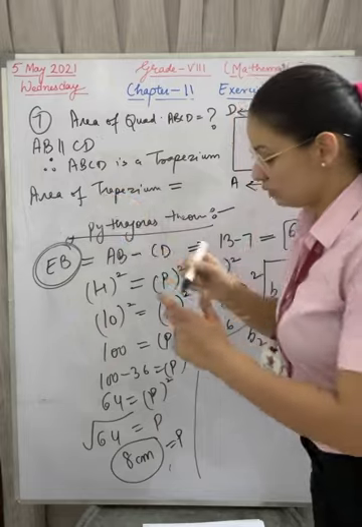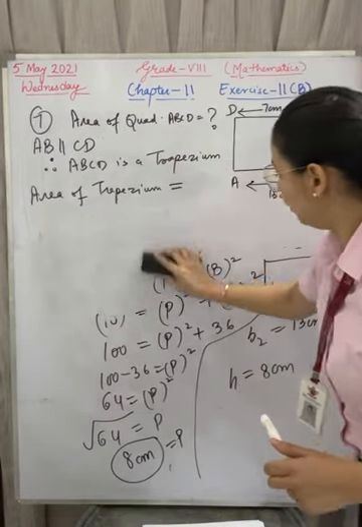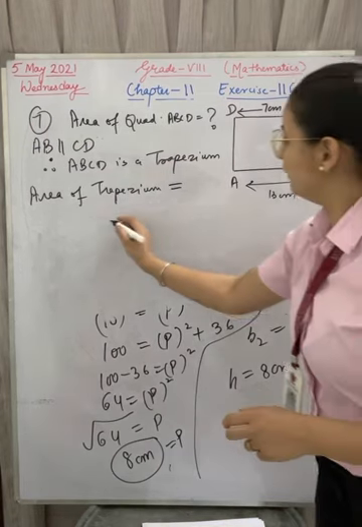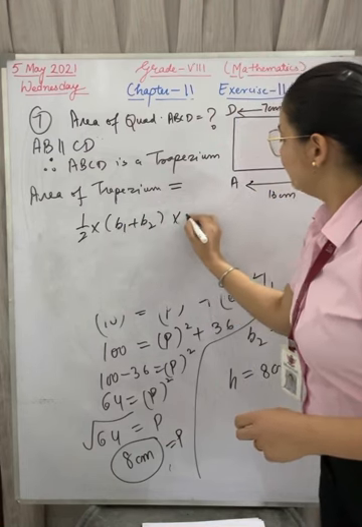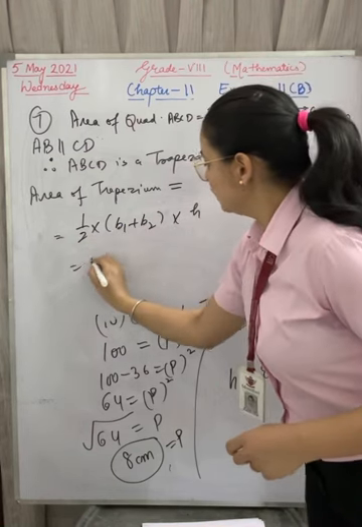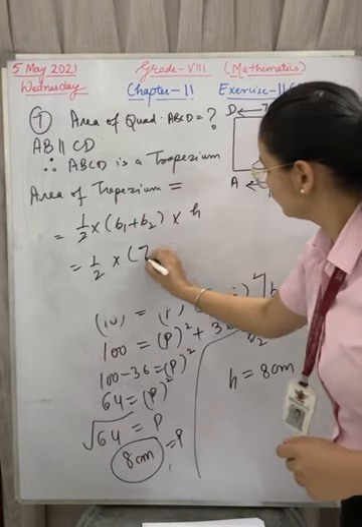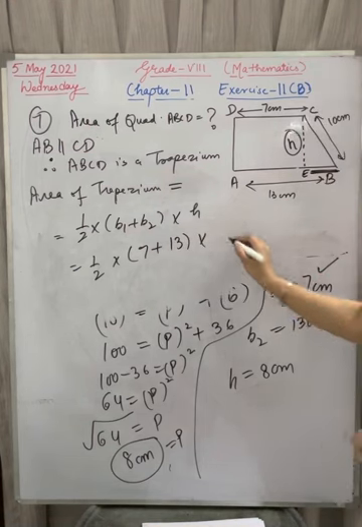is equal to, tell me quickly. Now we have done this formula more than 20 times. Very good. 1 by 2 multiplied by B1 plus B2 multiplied by height. B1 is 7, B2 is 13 and height is 8.